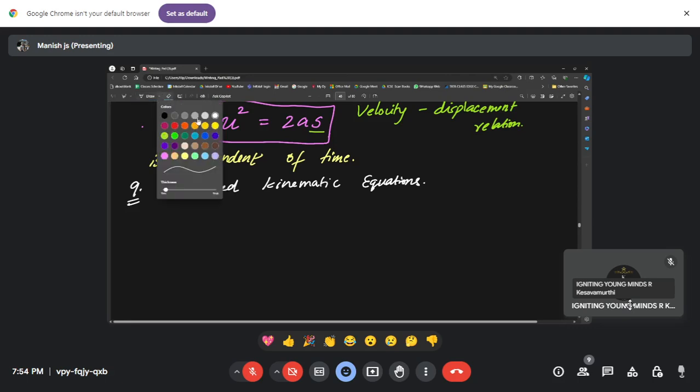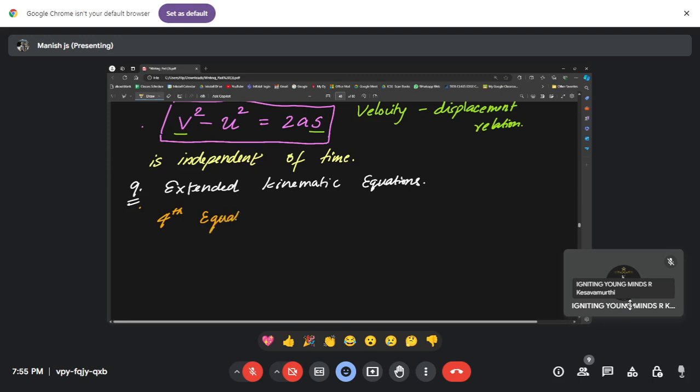So the extended, that is the fourth kinematic equation, or the fourth equation of motion, is given by the relation. We say it as Sn equals u plus a by 2 times 2n minus 1.